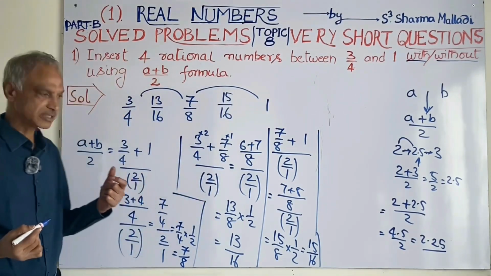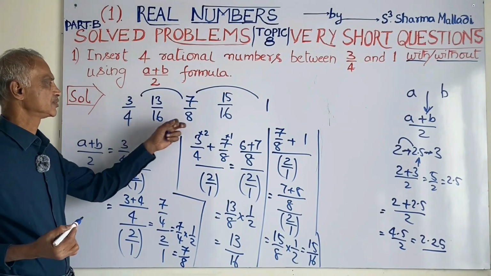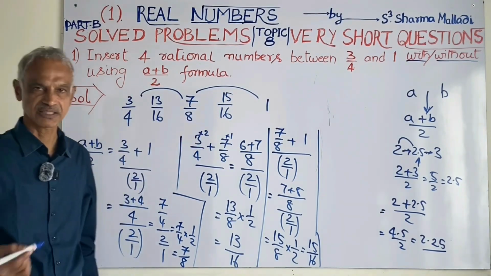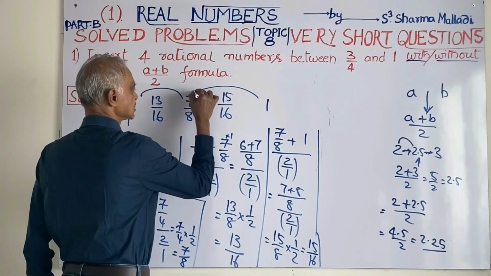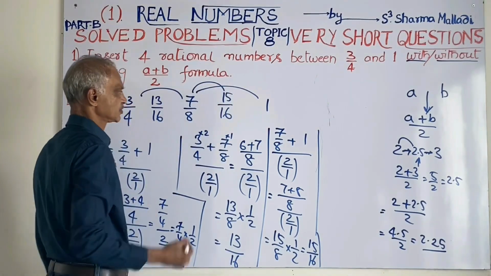How many rational numbers are done? 1, 2, 3. We have to find another rational number between 7 by 8 and 15 by 16.